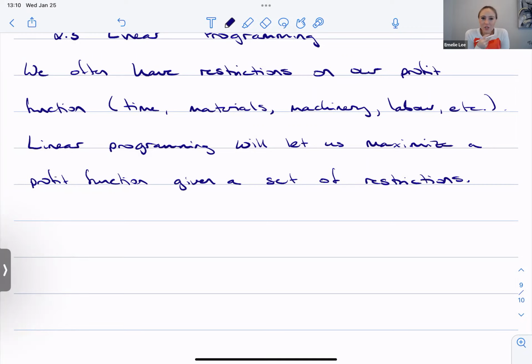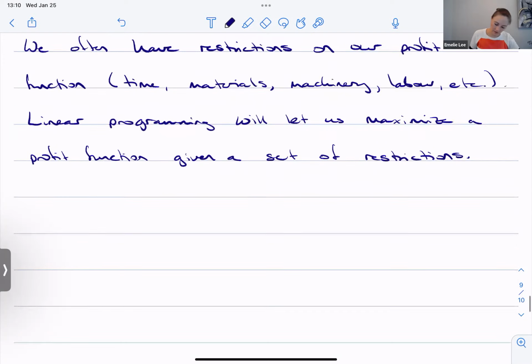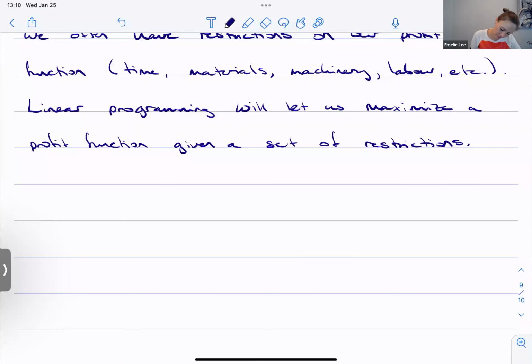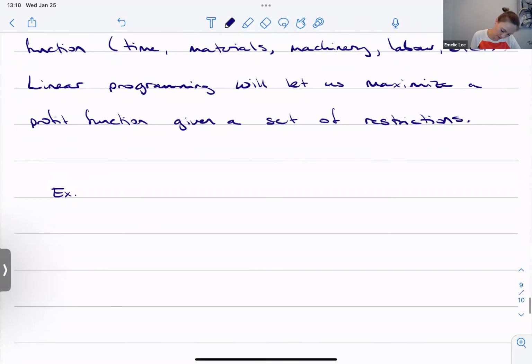So just so we know what it's going to look like, I haven't talked about how we are going to do this linear programming, but just so we have an idea. For example, if I have a profit function 3x plus 4y, this looks a little bit different than the profit of x because now I have inputs of x and y.